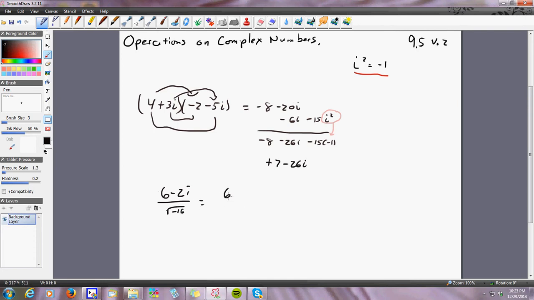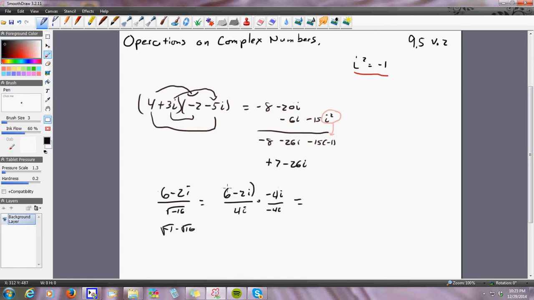Well, I'm going to do this as 6 minus 2i, and the square root of negative 16 is negative 1 times 16, which gives me 4i. And then what I'm going to do is multiply by negative 4i. And you're going to see why in a moment.